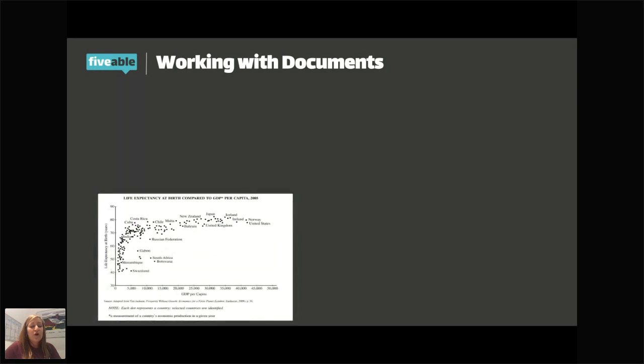We could see a chart, a graph, or a map. These are taking evidence from the past and connecting it somehow. The first thing you need to do is read the graph, read the chart, see what's happening on there, and then you're going to have to analyze or connect it.